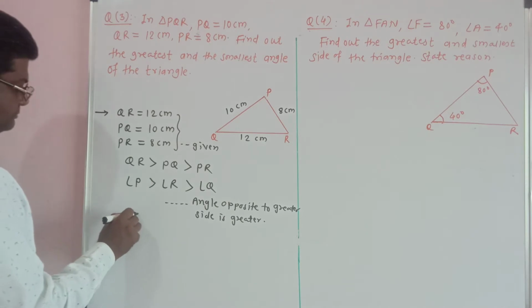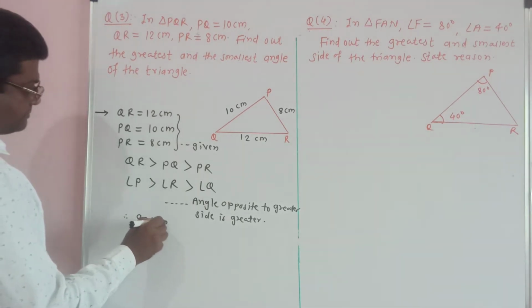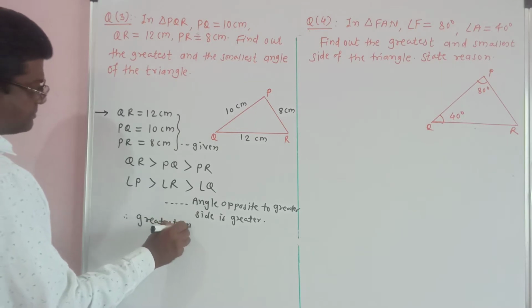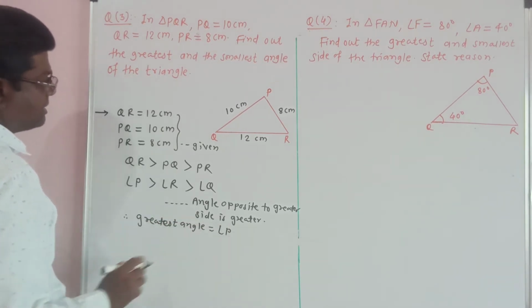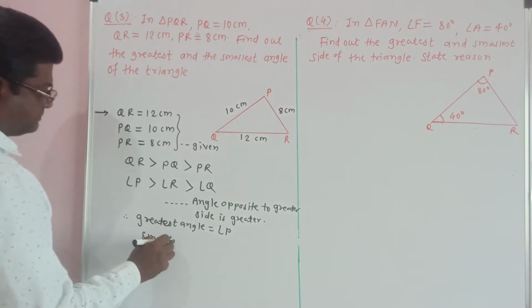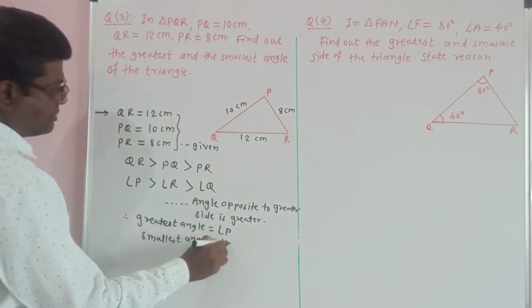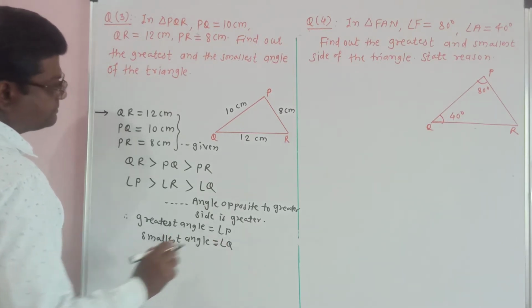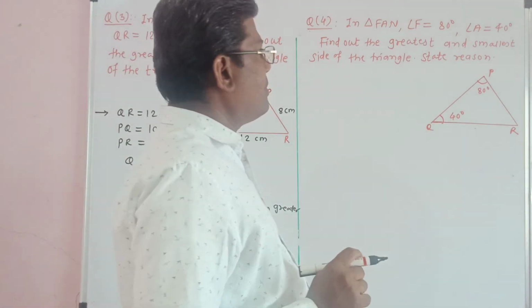Therefore, the greatest angle is equal to angle P and the smallest angle is equal to angle Q. This is the answer.